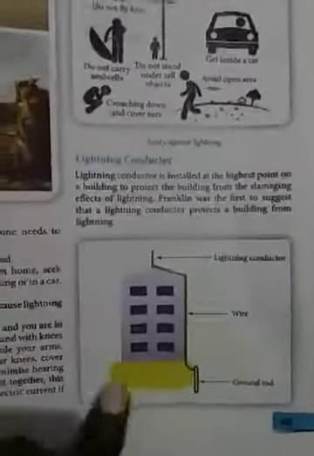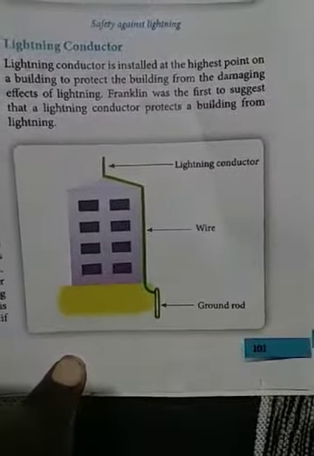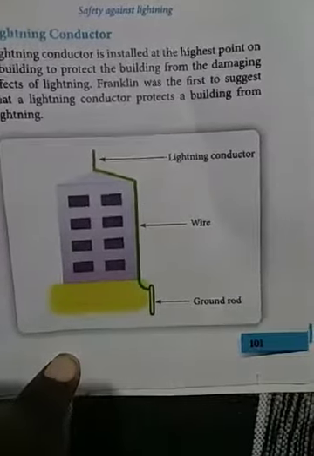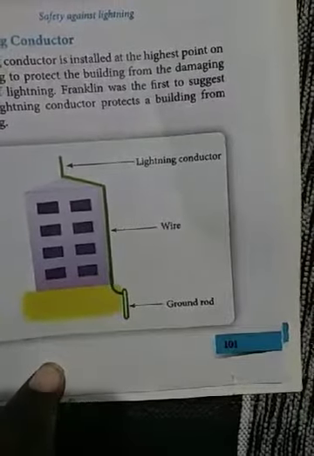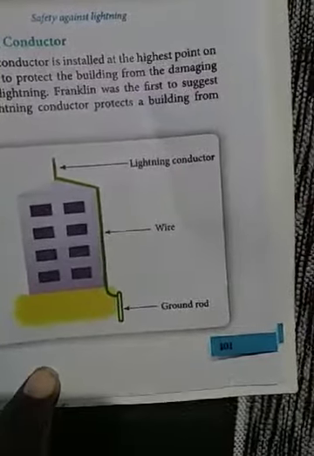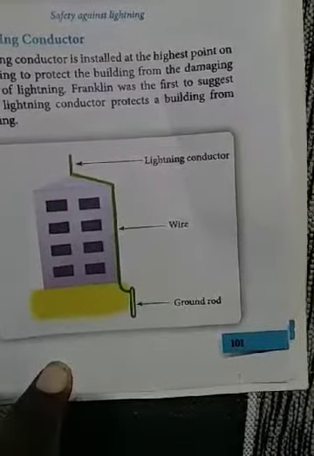Now the lightning conductor. A lightning conductor is installed at the highest point of a building to protect the building from the damaging effects of lightning. Franklin was the first to suggest that a lightning conductor protects a building from lightning.